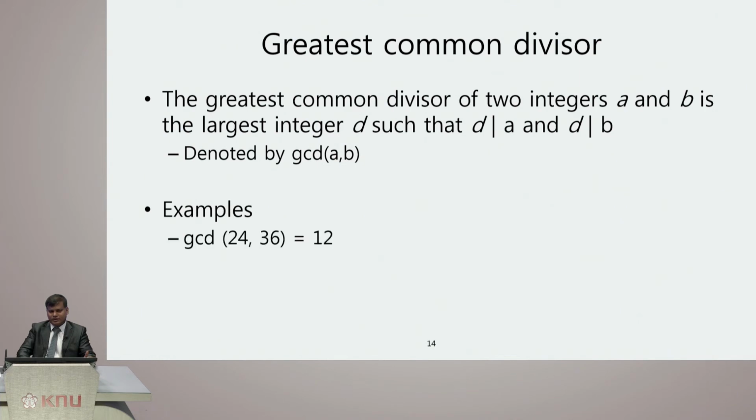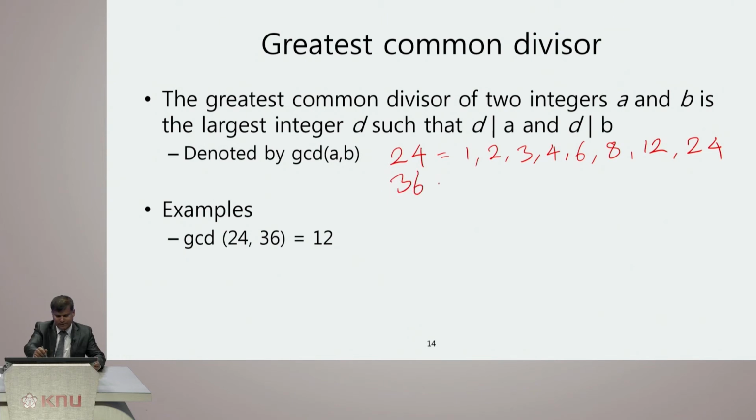Here is an example: GCD of 24 and 36 is 12. How do we come up with that? For 24, the divisors are, starting with 1, 1, 2, 3, 4, 6, 8, 12, and 24 itself is a divisor as well.